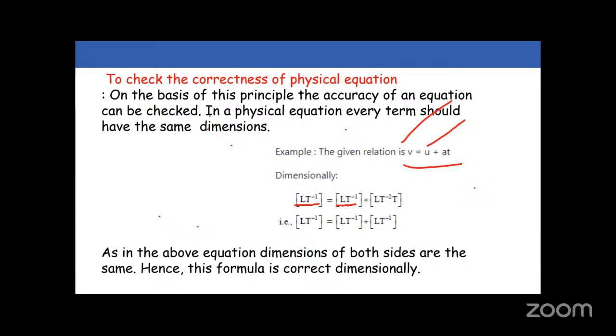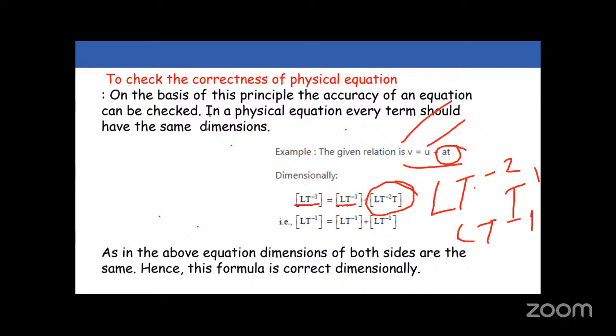Now, the third parameter there is AT. A is LT raised to minus 2, and T is time. So if we simplify this, here we have LT raised to minus 2 T raised to 1. So that would be minus 2 plus 1 will give us minus 1. So we are going to have LT raised to minus 1.